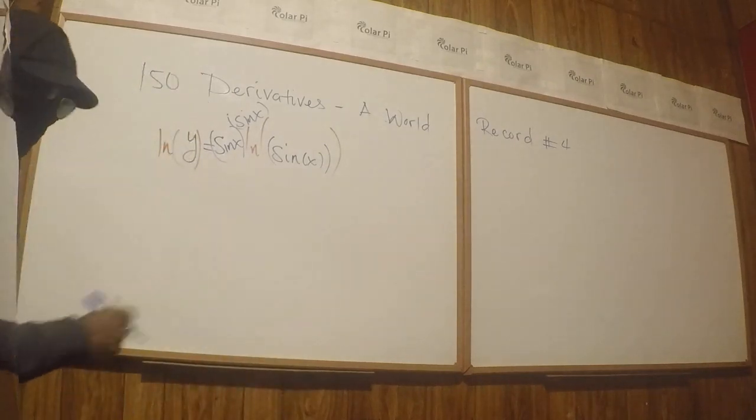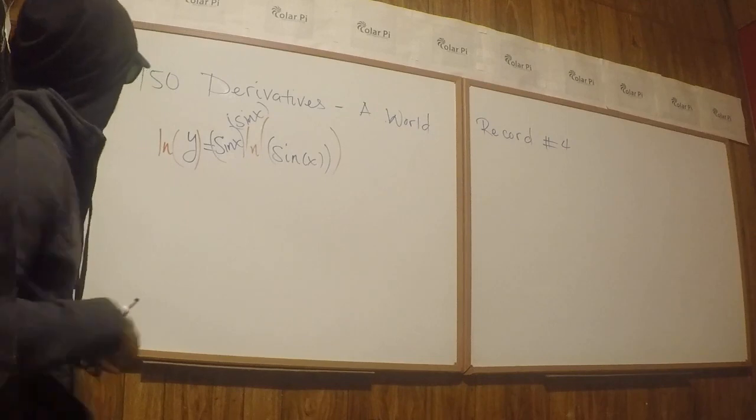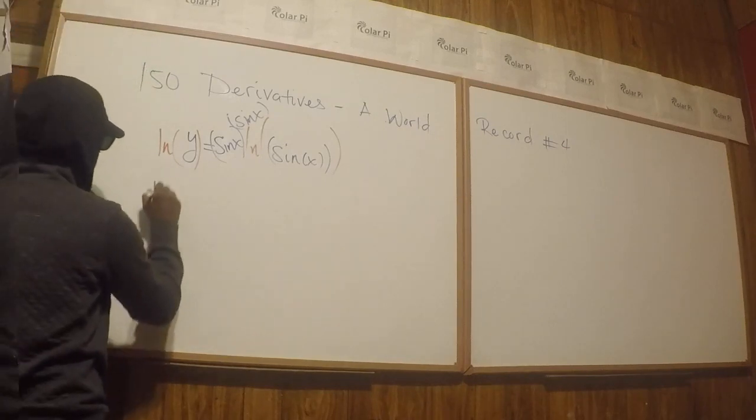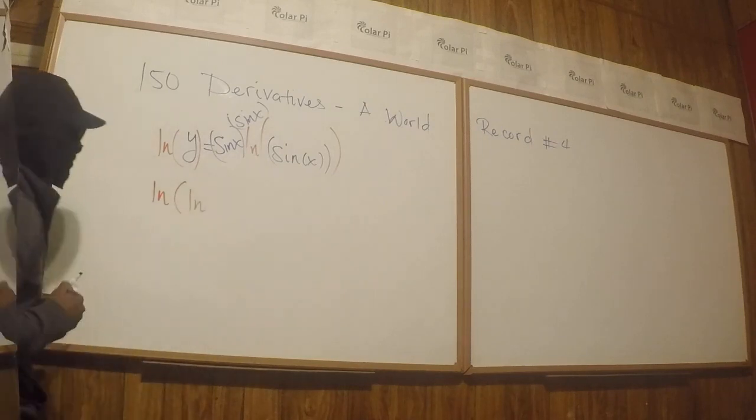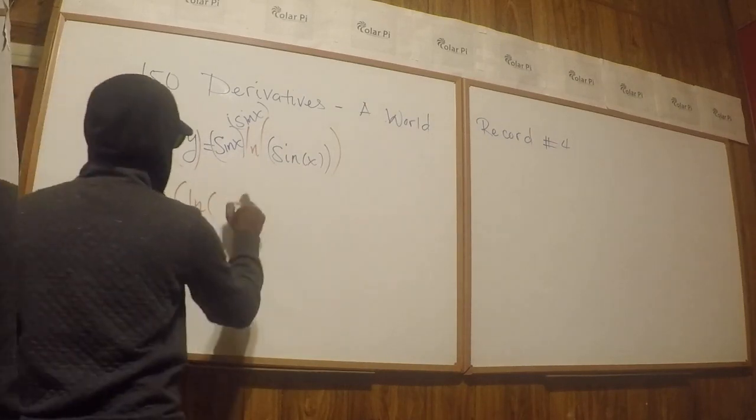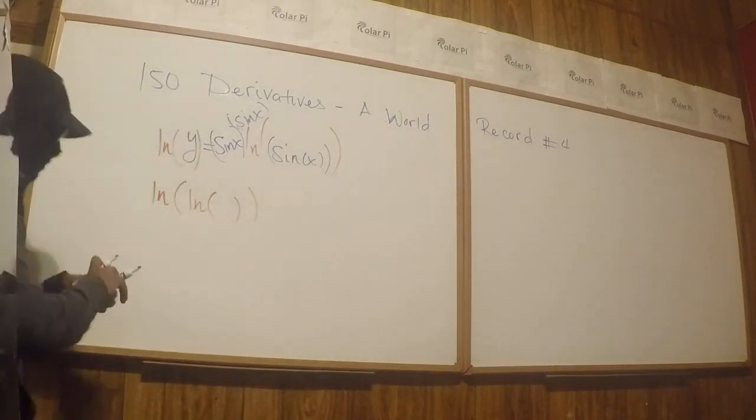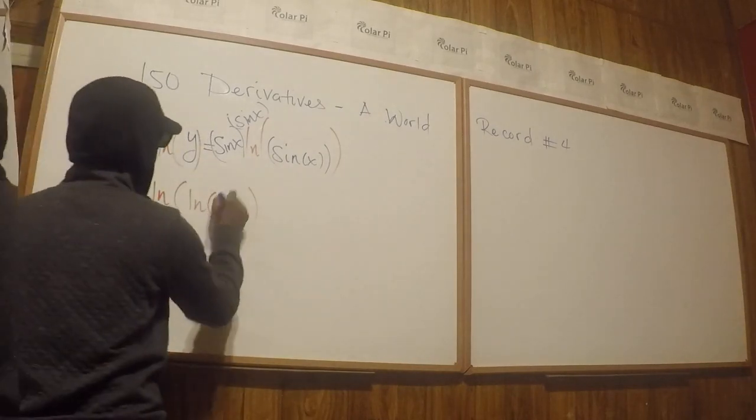So we're going to take the natural log once more. I'm taking the natural log on both sides. On the left, we have the natural log of natural log of y.